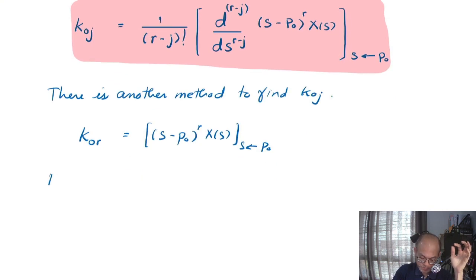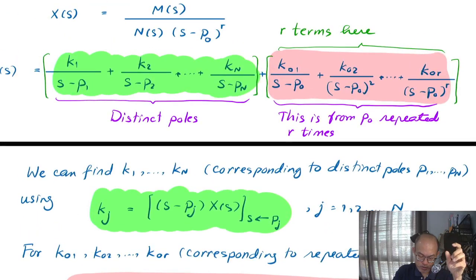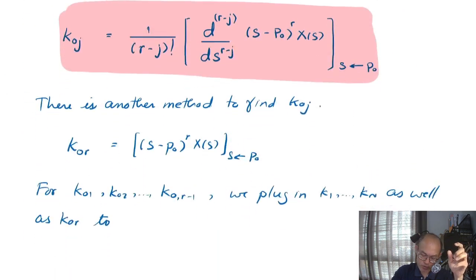Now for k01, k02 until k0(r minus 1), we plug in k1 through kn as well as k0r to this equation. Let's say I'm going to make it equation 1.